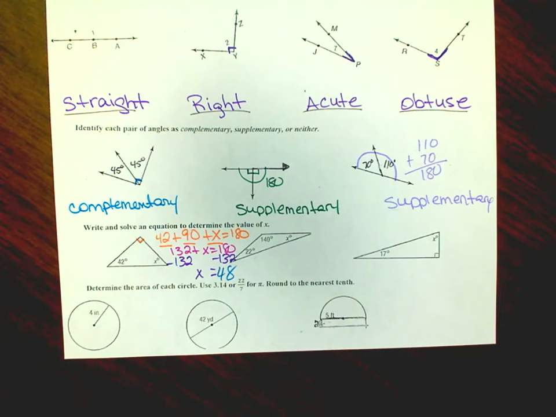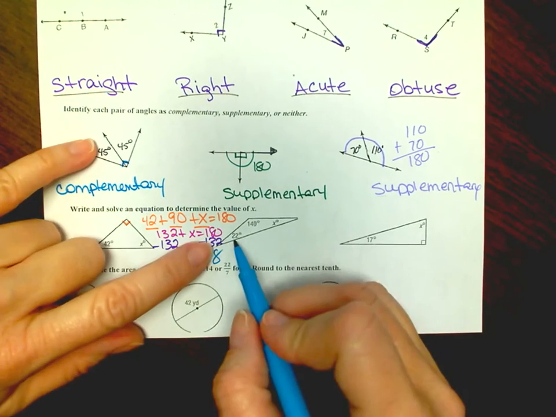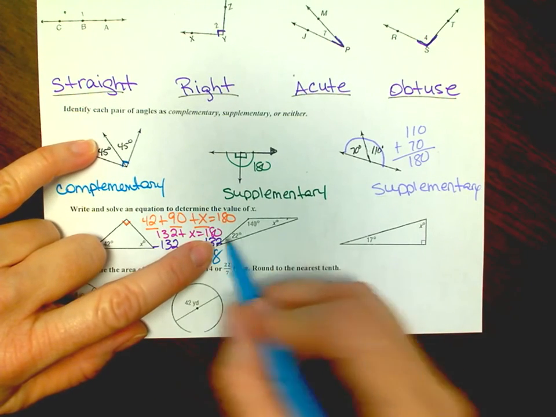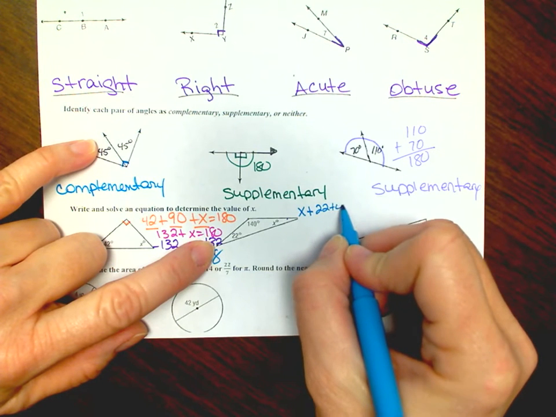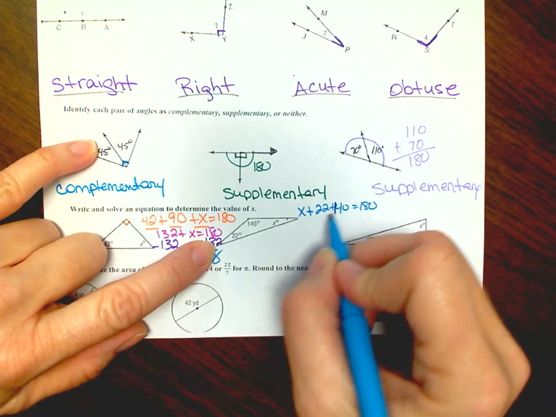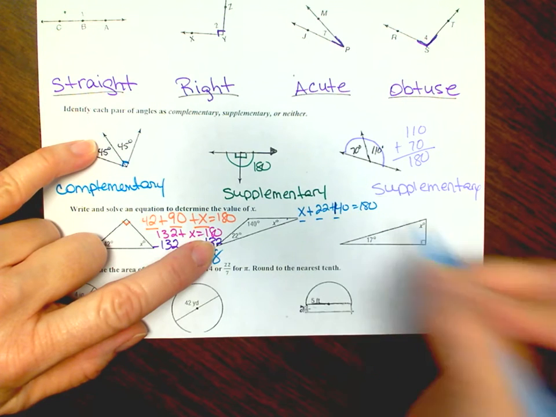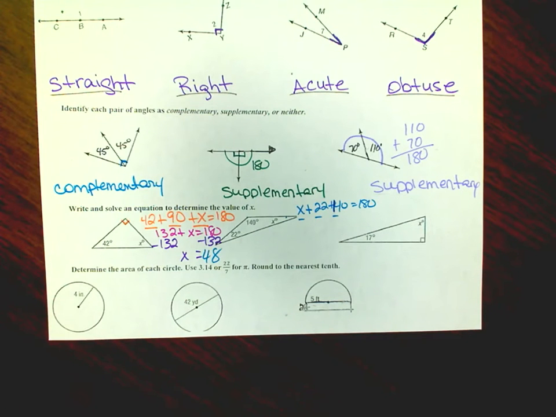Remember, this review is not mandatory. It's just going to help you for your quiz tomorrow. With the next triangle, we have three angles. X plus 22 plus 140 equals 180. You have to have three angles add up to 180. Make sure you do not leave an angle off.